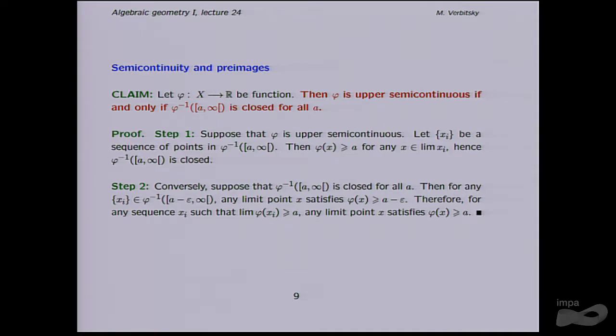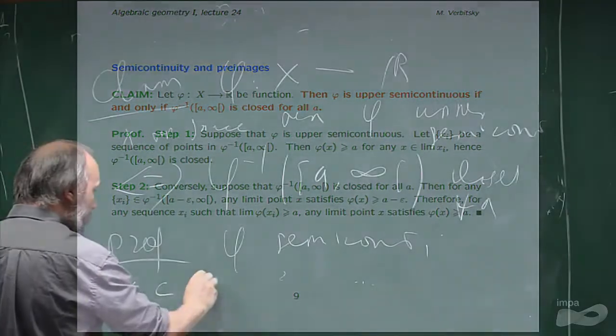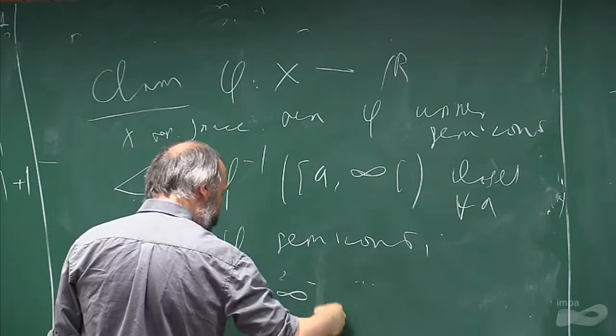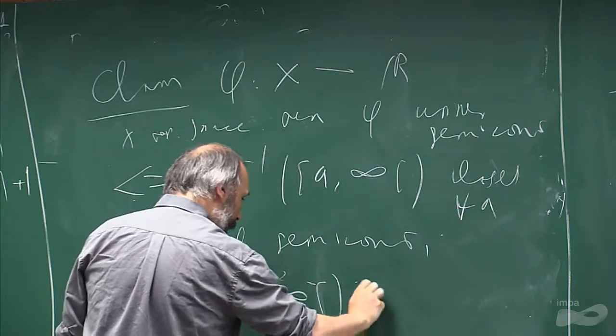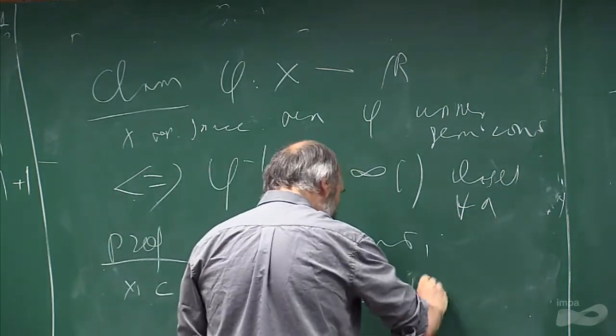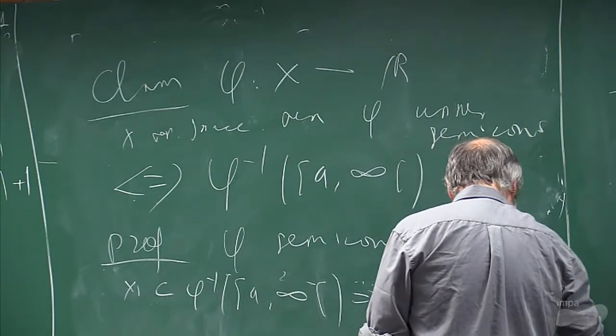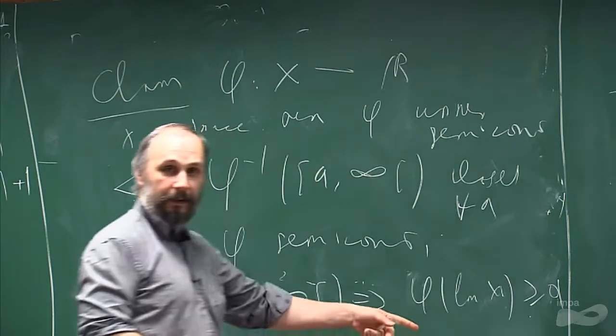It's almost elementary. So suppose phi is upper semi-continuous, and then you have x_i, a sequence which belongs to phi minus 1 of A to infinity. Then phi of any point in the limit of x_i is bigger or equal to A, right?